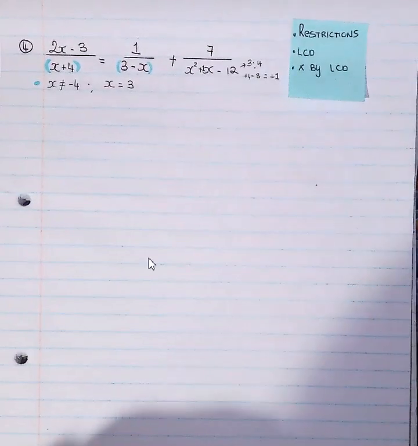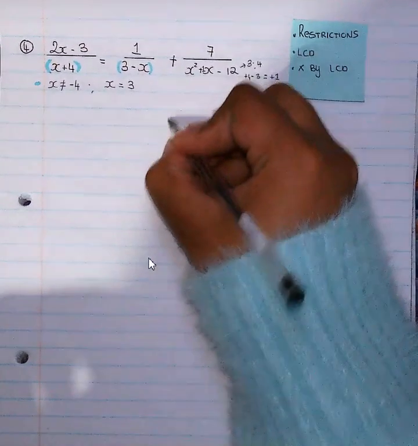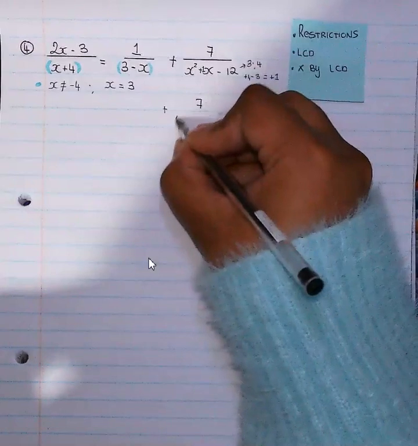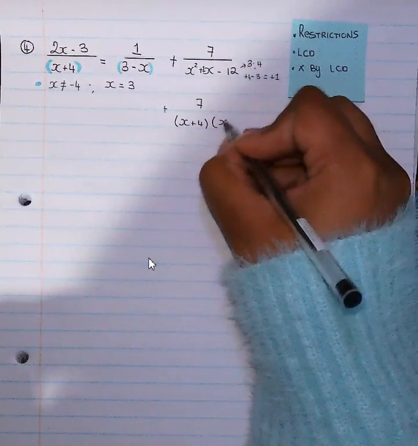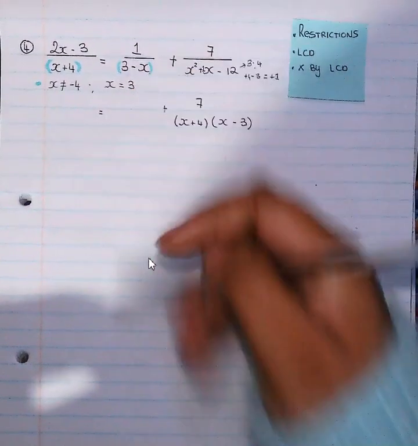So there we have the factors for the trinomial. I'm going ahead into the next line, and I'm going to say that the denominator is going to be x plus 4 and x minus 3.